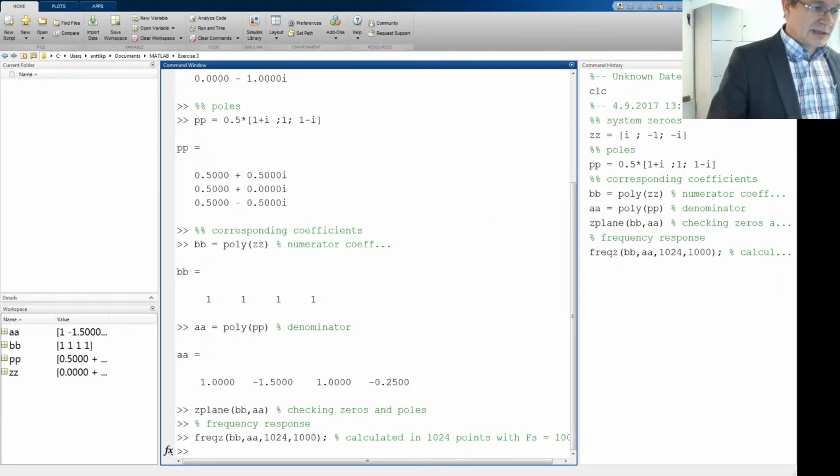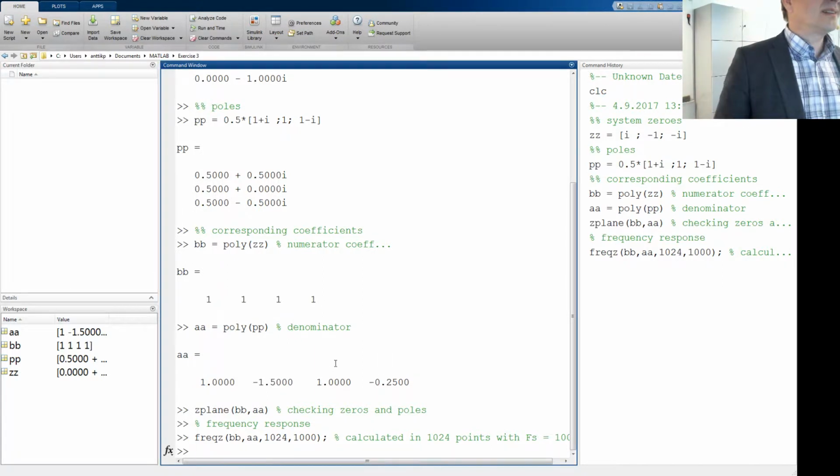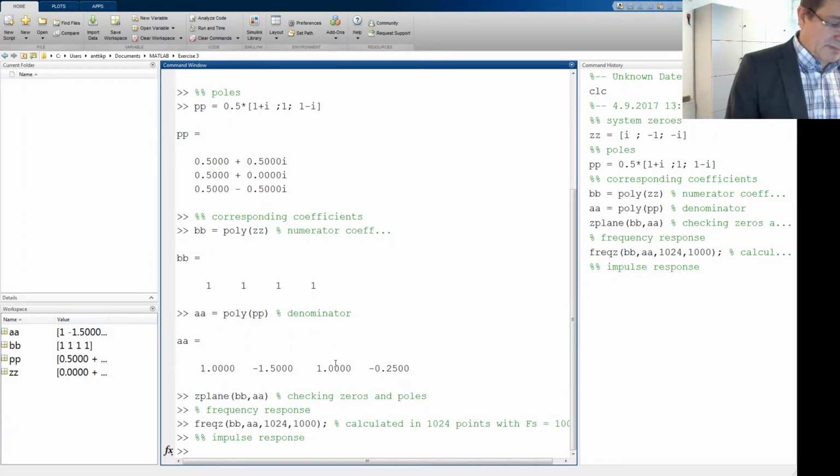What else? Let me take a quick look here. Oh yes, the impulse response. And for that one, we need an impulse. First, we need some indexing here, for example -2 to 14.